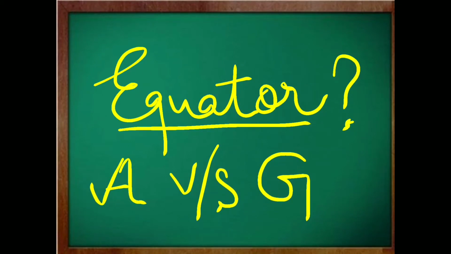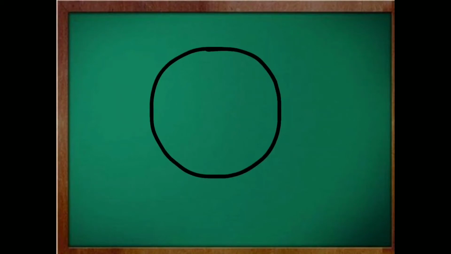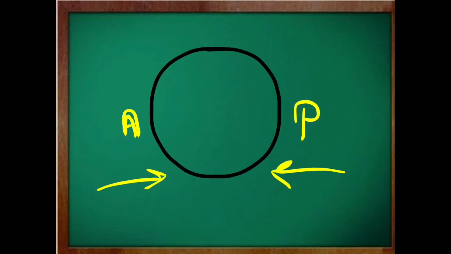Let us see. If we take a circle like this, and on this circle, say this is the anterior pole and this is the posterior pole, and this is an oblate spheroid which has been smashed in this direction from either side. So this is very similar to our eye. And on this sphere, if I have to draw a circumferential line, that means a line which is extending all throughout it, something like this.